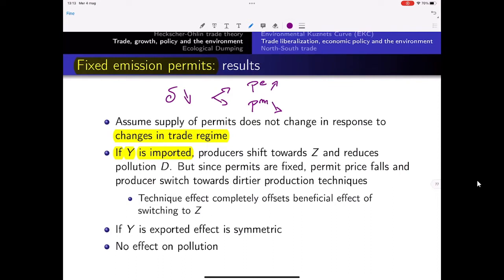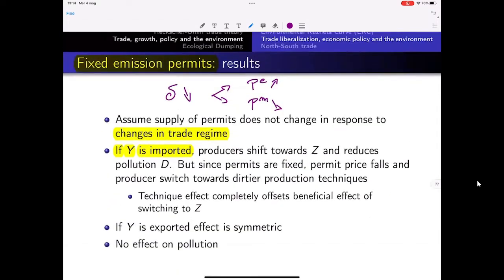So now let me repeat this. If you import Y, it means that you have a competitive advantage in the production of the clean good. Now, if there's a reduction in delta, you see for the importer, the price goes down. So meaning what?